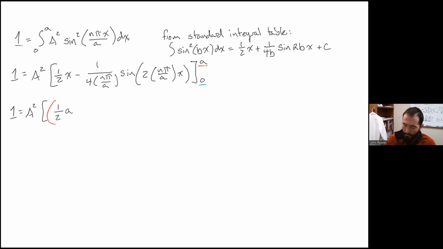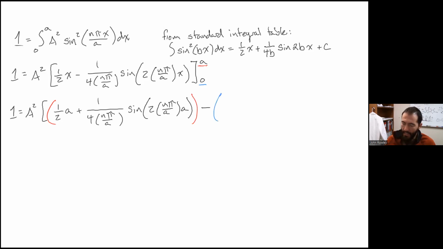So it's 1/2 a plus 1 over 4 n pi over a sine. Notice that is the first term in the standard integral where I've replaced all the x values with a's.